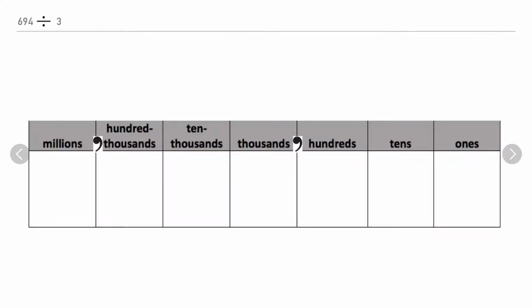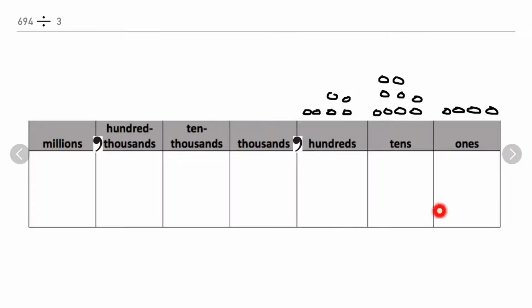And I know that in 694, I have 6 hundreds, 9 tens, and 4 ones. Now that I've modeled my dividend, it's now time for me to decompose my place value chart into the number of parts represented by my divisor.